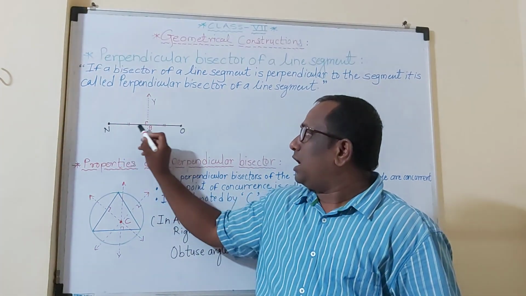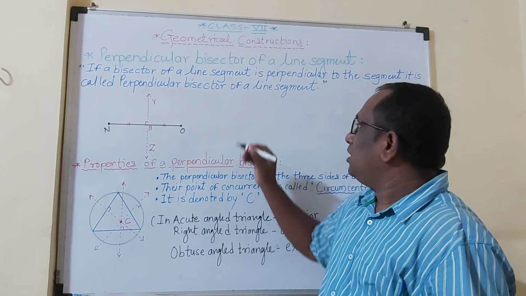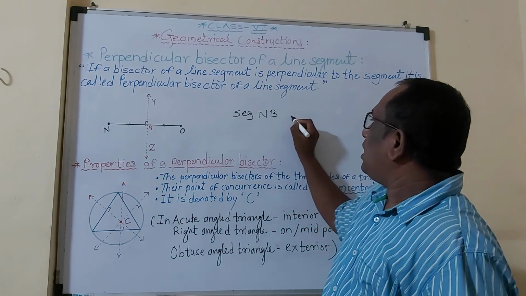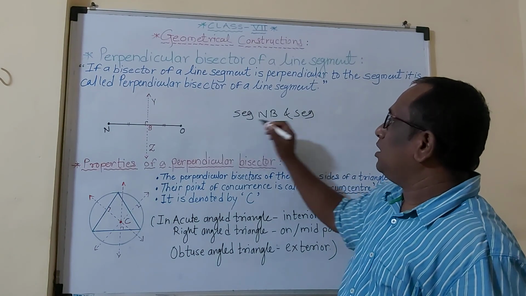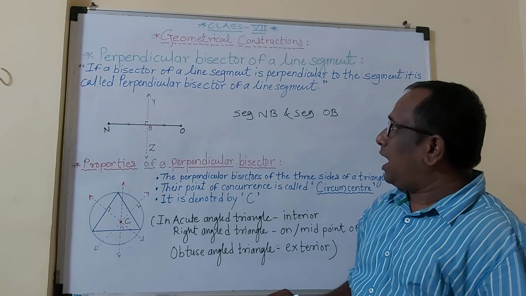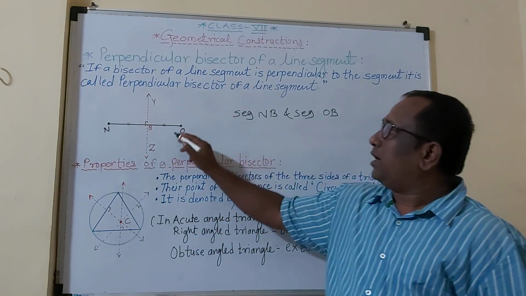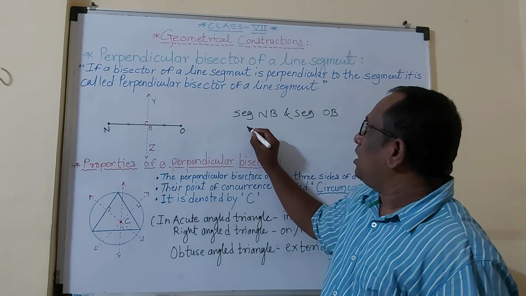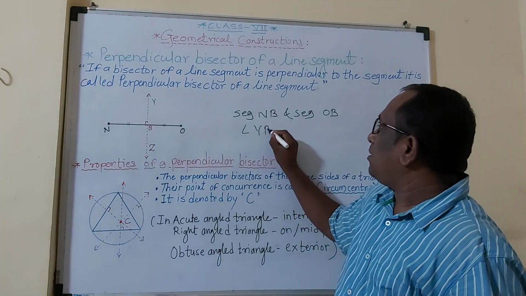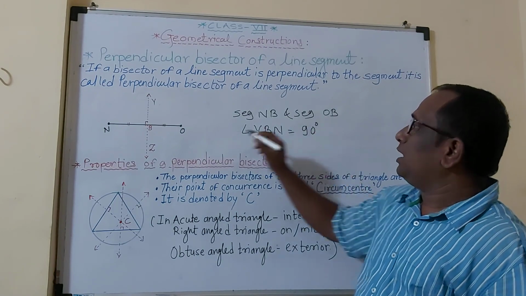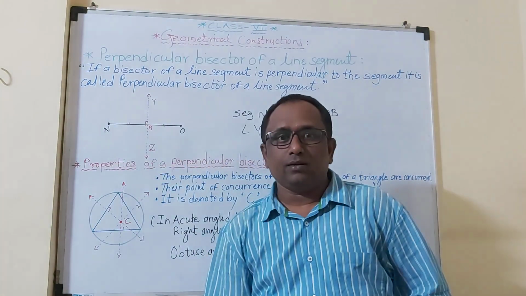Now if you see carefully here, these two signs indicate that due to this perpendicular bisector, this line segment is divided into two equal parts. First is segment NB and segment OB. And due to this perpendicular bisector, angle YBN is equal to 90 degrees, that is a right angle.